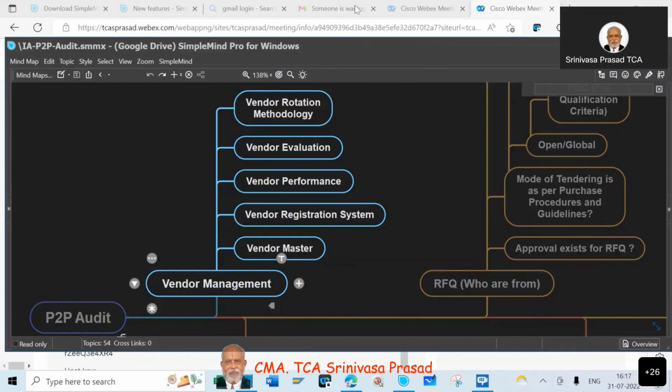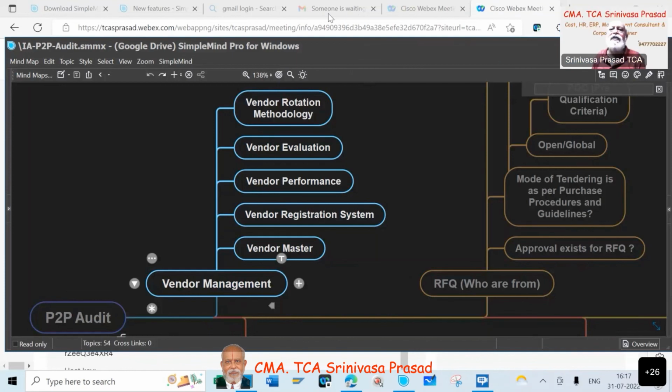As an internal auditor, I am only talking of P2P, and even then we will have to update so many things. We are supposed to tell the organization that you will have to take care of all these things. Otherwise you will be left out, because when a newcomer steps into the organization, what will he understand? He will only understand based on the manuals he reads.